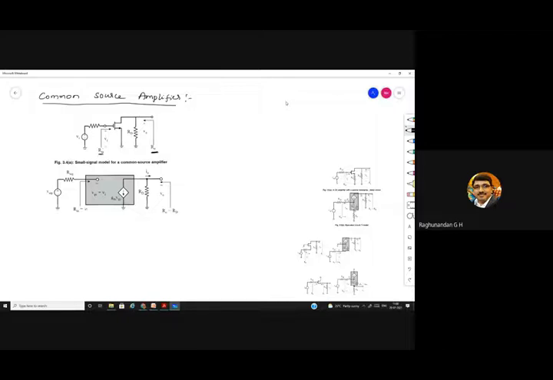Can anyone tell me which type of biasing technique you studied in BJT, where you connect the emitter directly to the ground?